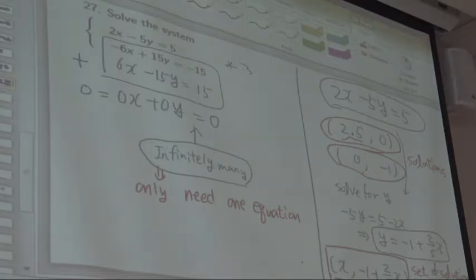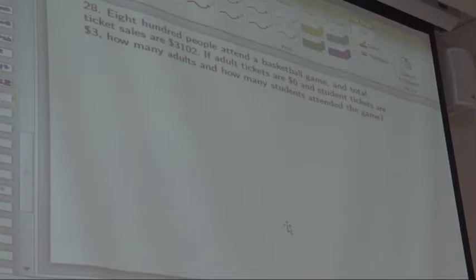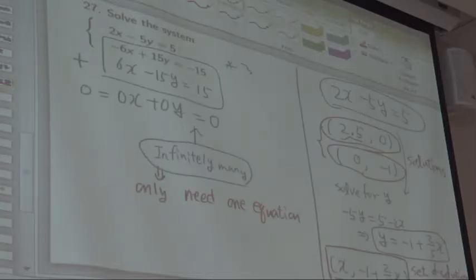So infinitely many is the answer, right? No, not infinitely many. This is the answer, or these are the answers. Okay. Is that a plus? Negative 1 plus 2/5 x.